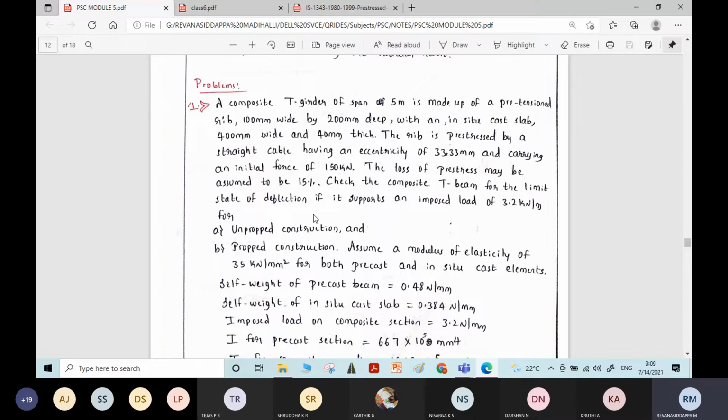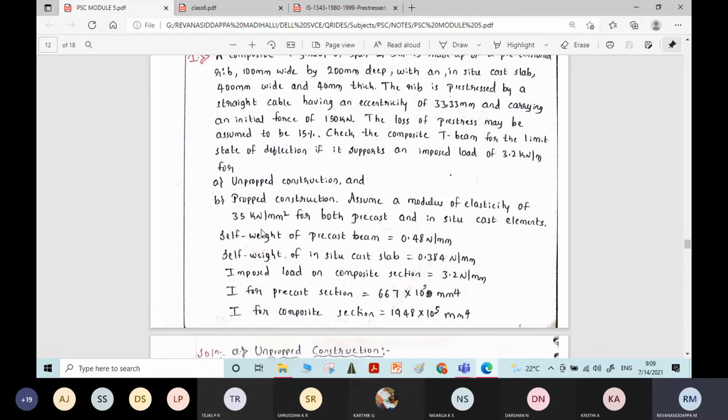It is asked to find the deflection for two cases: one for proper construction and another for improper construction. The rest of the parameters required for the calculation are all given. Young's modulus is 35 kilonewton per mm square for both the precast and in situ cast elements. Both the slab and the beam have the same modulus of elasticity, 35 kilonewton per mm square.